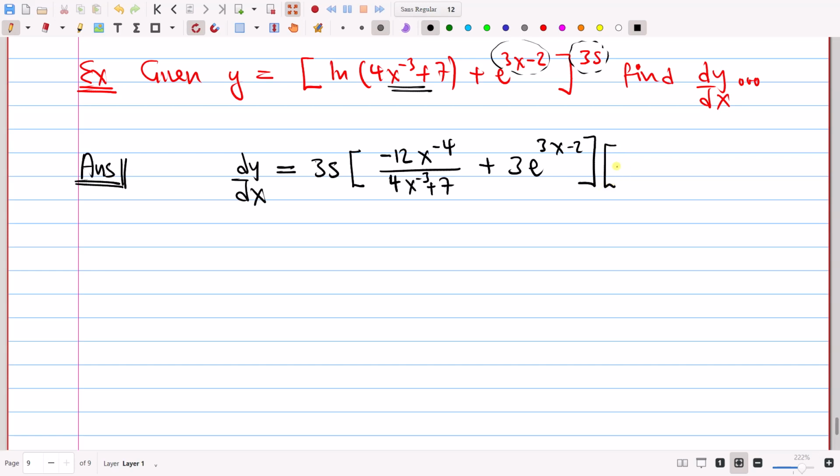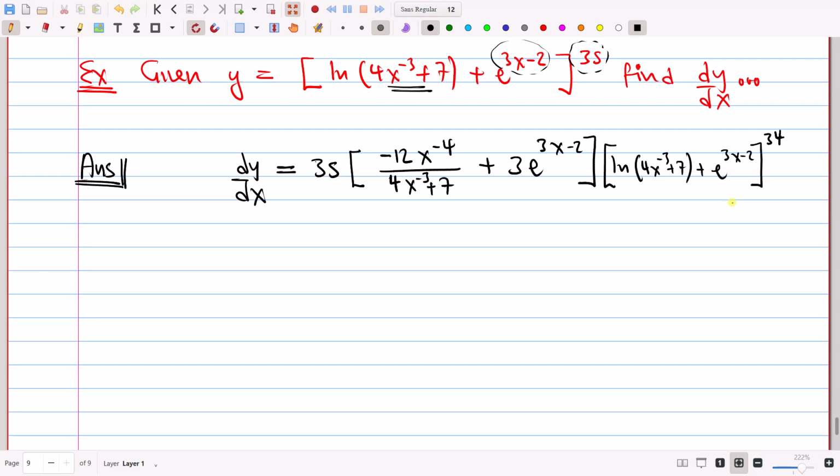Finally, you bring in next to the whole thing the original expression you were differentiating: 4x minus 3 plus 7 plus e to the 3x minus 2. Then the power of the function that was originally there is just decreased by 1 and you get this to the power. This is the final answer.